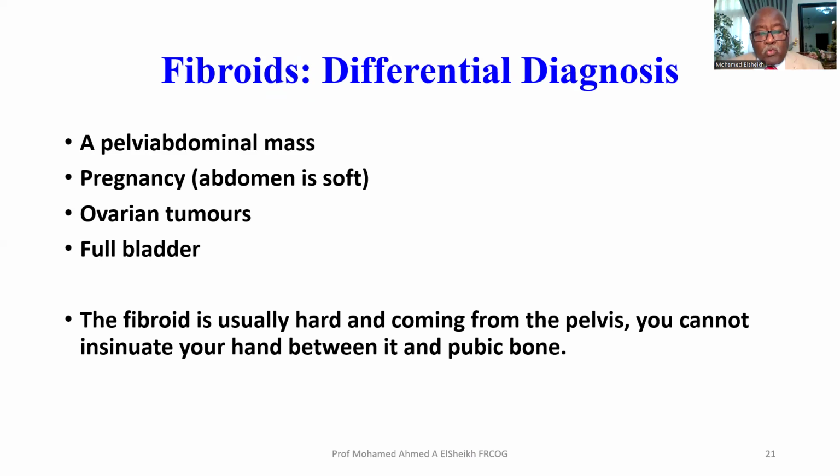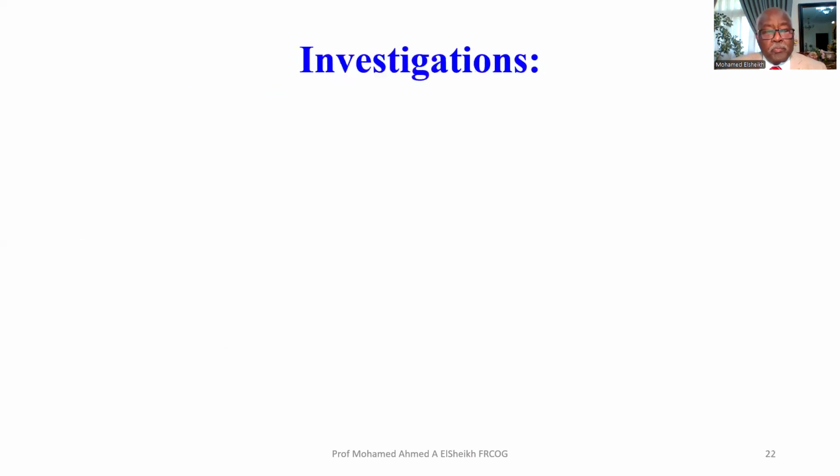The fibroid is usually hard, coming from the pelvis. You cannot insinuate your hand between it and the pubic bone. If you want to push your hand between the fibroid and the pubic bone, it won't go. If it's an ovarian mass, possibly the mass will go up into the abdomen and you can put your hand between the mass and the symphysis pubis, or the pubic bone.